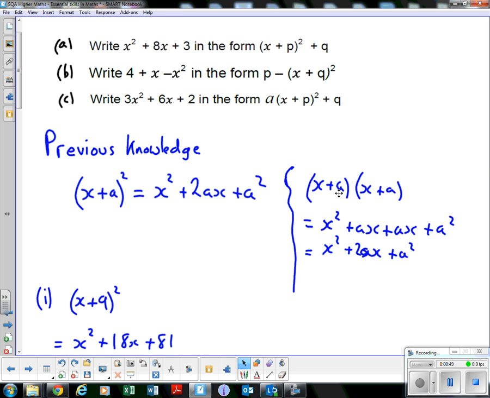Why is that? Remember, doing the old FOIL thing, first is x squared, and outside and inside are both ax. So when we've done x times a or a times x and doubled it, that's why we do it, because we're getting that term twice. And then a times a is a squared at the end.